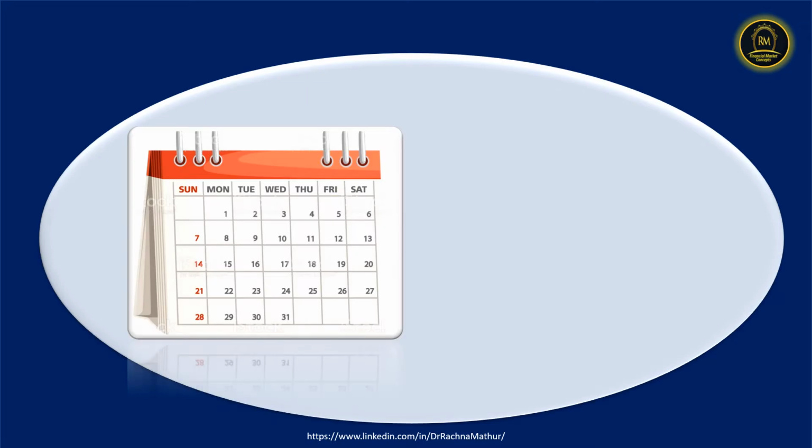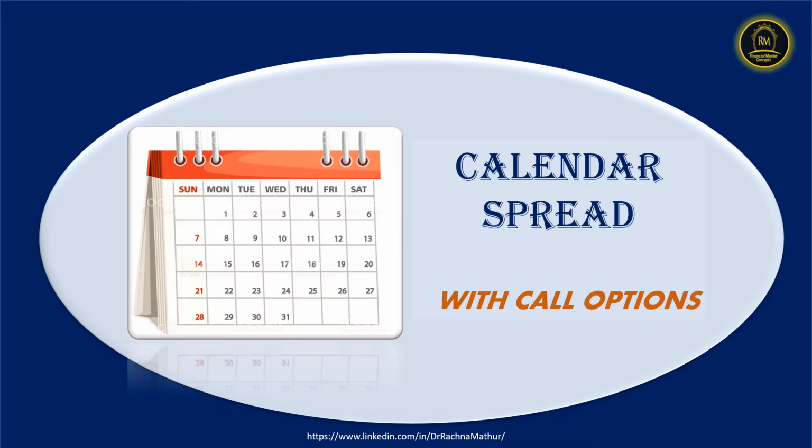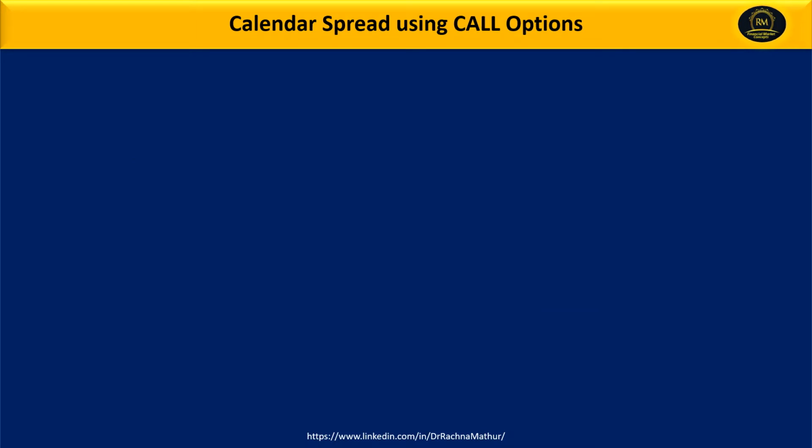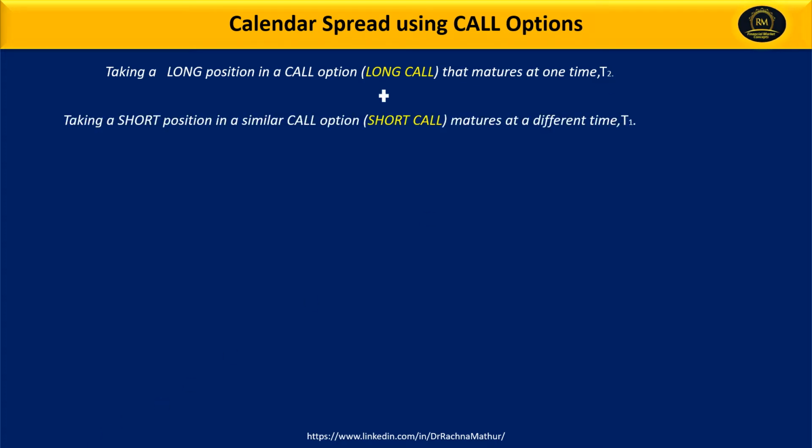Now let us see the calendar spread which is created using call options. For creating a calendar spread by using call options, we need to make a strategy by taking a long position in call option, that is long call, or buying a call that matures at one time T2, that is combined with taking a short position in call option, that is short call with maturity at a different time T1.